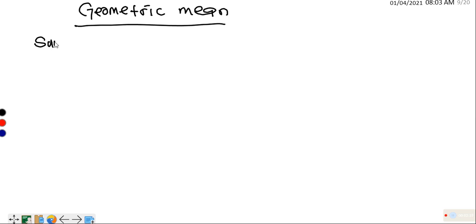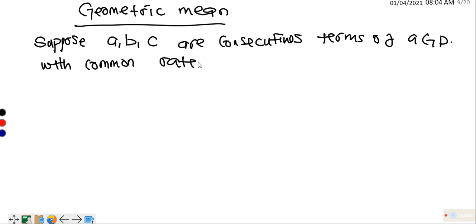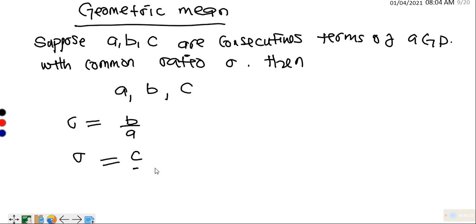Suppose A, B, C are consecutive terms of a GP with common ratio R. Then if we have the 3 terms this way, R equals B over A, and R is also equal to C over B. Let's call these equation 1 and equation 2.